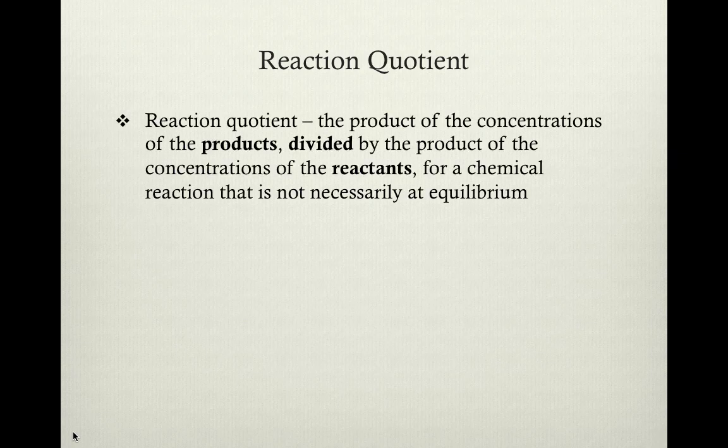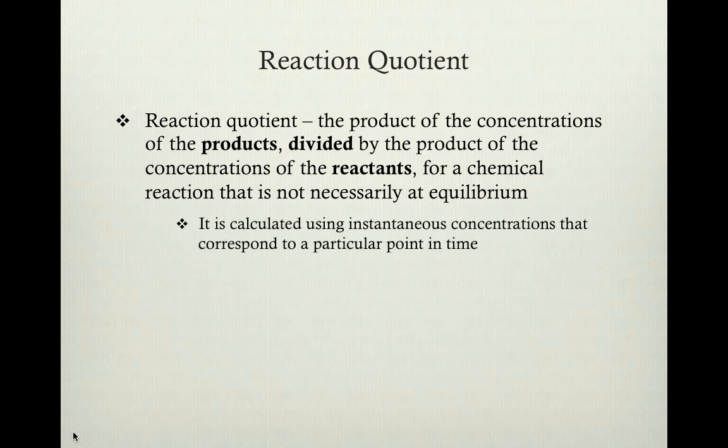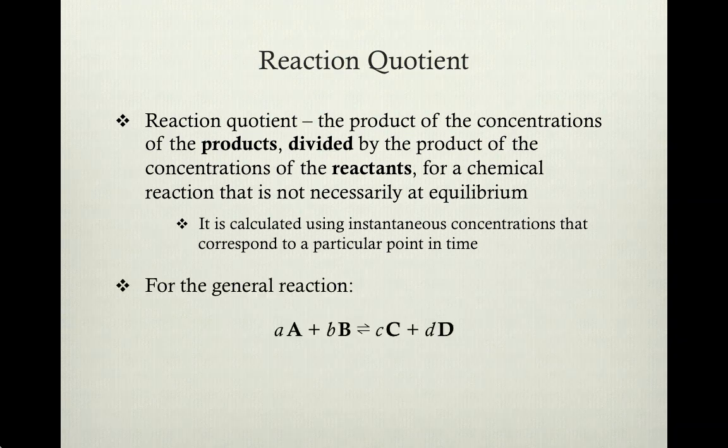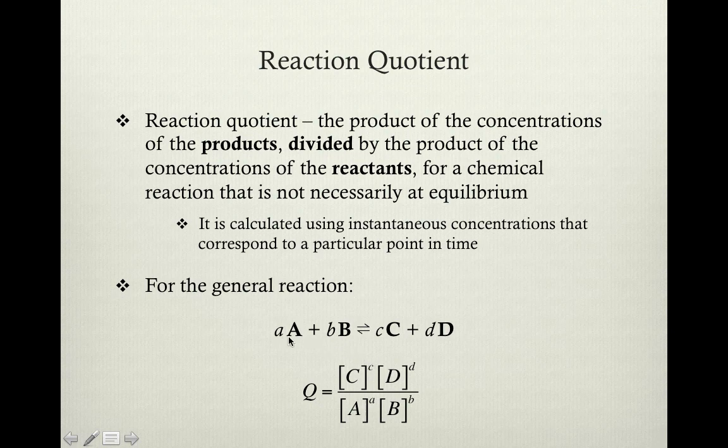Now, the reaction quotient, just like our equilibrium constant, is the product of the concentration of our products divided by the product of our concentration of our reactants. But the only difference is we're not dealing with equilibrium concentrations. So let's say we have this general equation. Our reaction quotient will be our products over our reactants raised to some power, which is going to be the coefficients in our balanced equations.